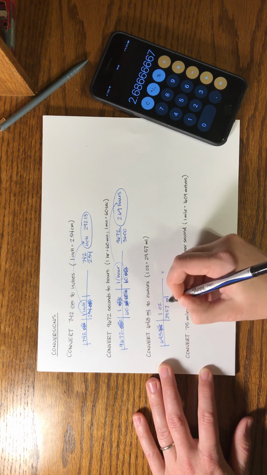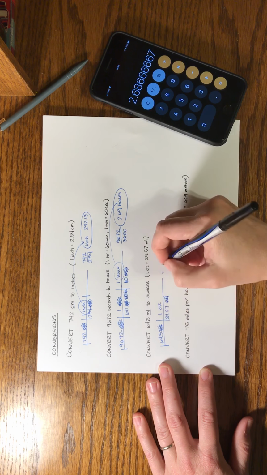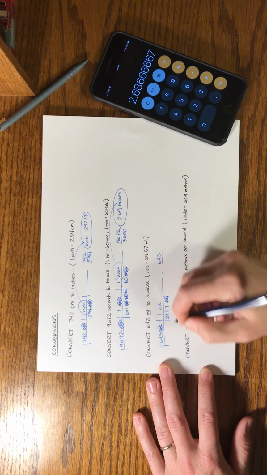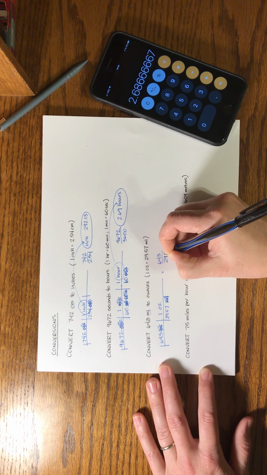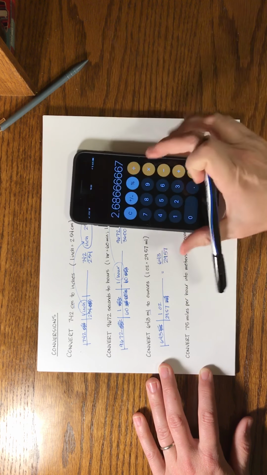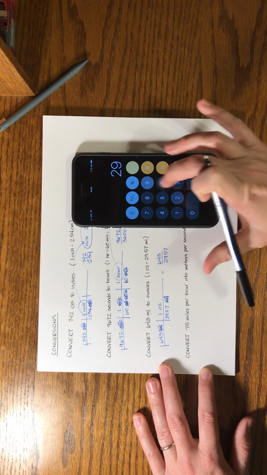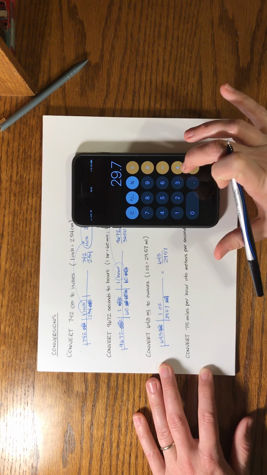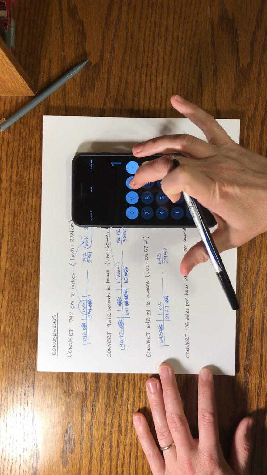So I'm going to cancel milliliters, cancel milliliters. So I'm going to take 643 times 1, 643, over 29.57. That was ridiculously simple, right? 643 divided by 29.57. Heck, let's do that again and actually push the numbers this time.